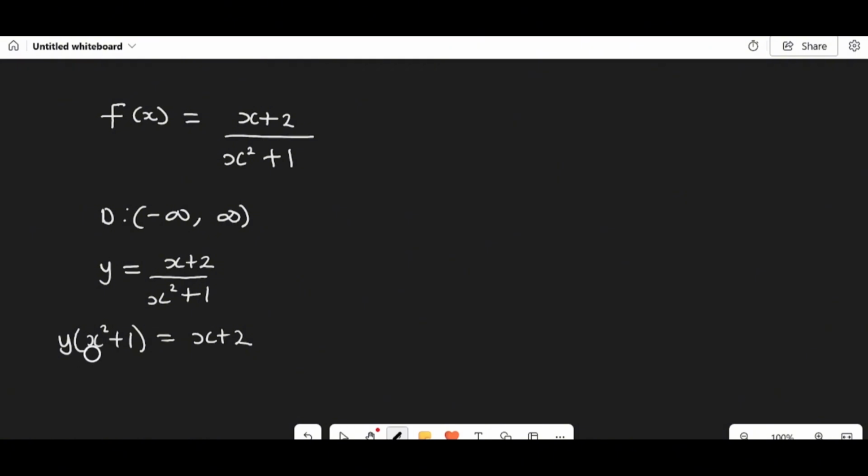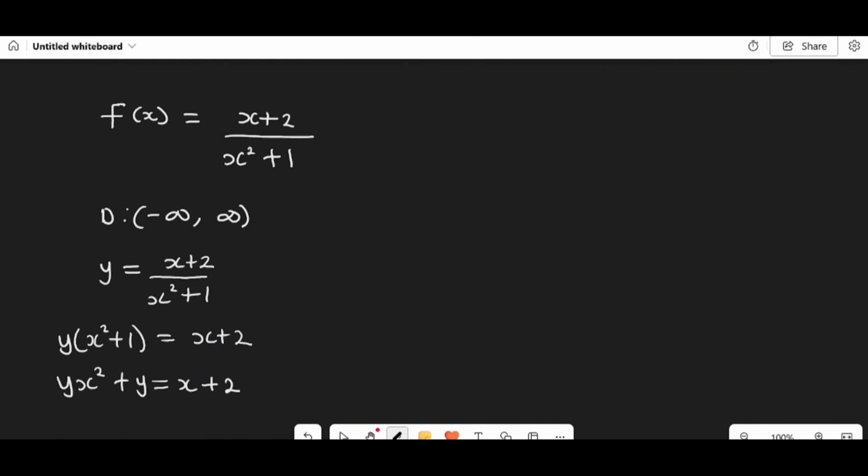Let us clear the bracket. We have y x squared plus y equals x plus 2.